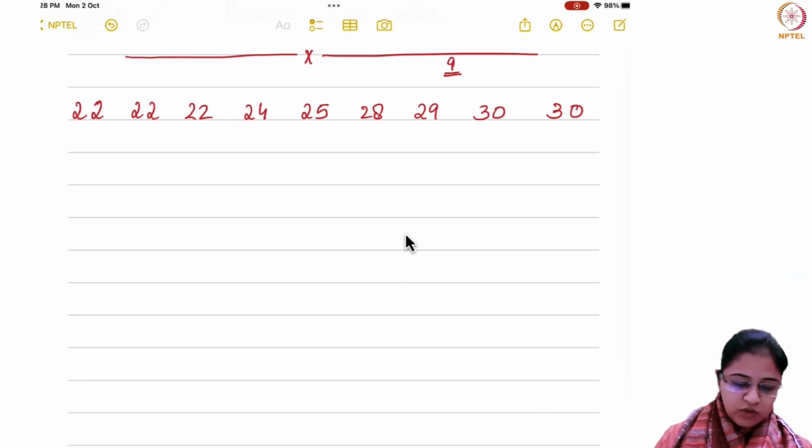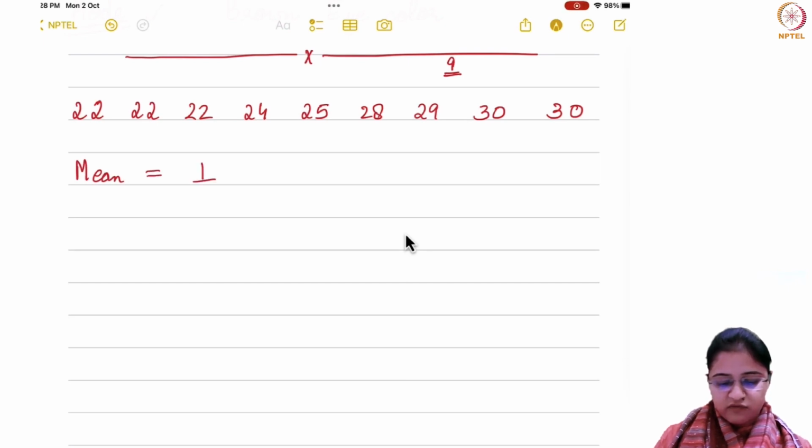So out of 30 days, how many days they were present is given to you. Now you want to calculate the mean. So we know that mean is what? Mean is basically 1 over n summation x_i, where i goes from 1 to n. So here n is 9 and you just substitute these. The x_i's are basically these observations. So this is x1, x2, x3, x4 and so on.